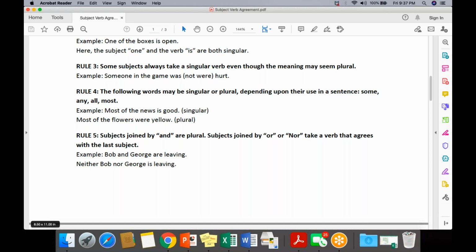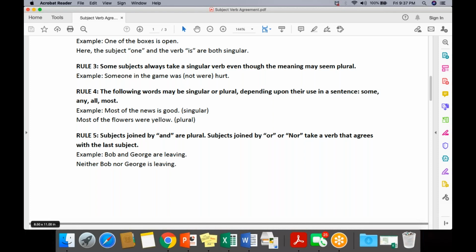If they are joined by the word or or the word nor, I am going to treat them basis which of the two subjects is closer to my verb. Let me explain. Bob and George are leaving. All of us agree with this? Very simple. Ram and Shyam are leaving. Sita and Geeta are coming. Very easy. Both the subjects are singular. They are connected by the word and. It becomes plural. I use a plural verb.